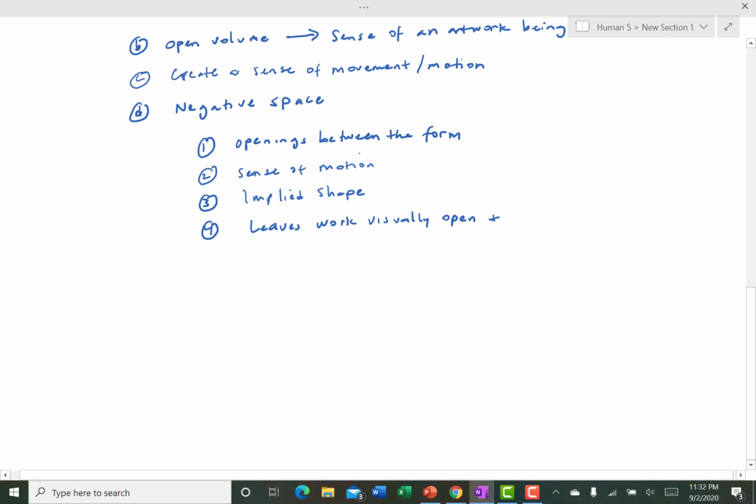So this creates a different perspective when you can see through it versus solid objects.